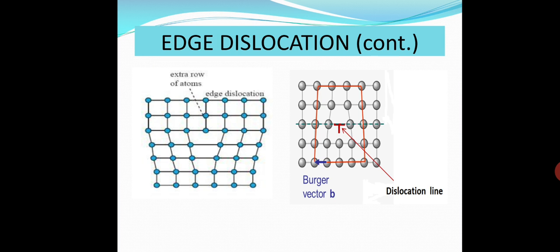So this is another figure where this extra half plane is below. So this is the direction of Burgers vector, and this is the direction of dislocation line. So dislocation line is perpendicular to the Burgers vector.